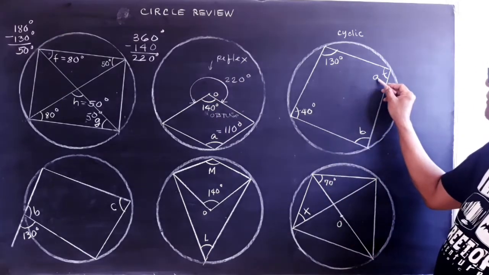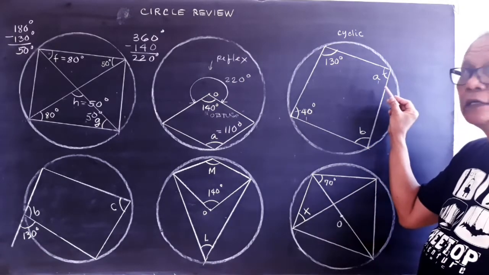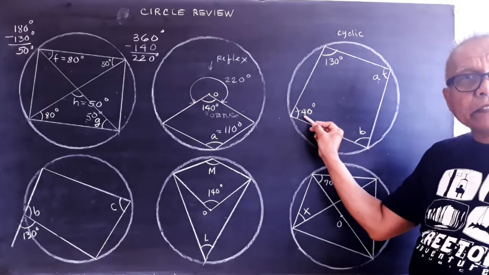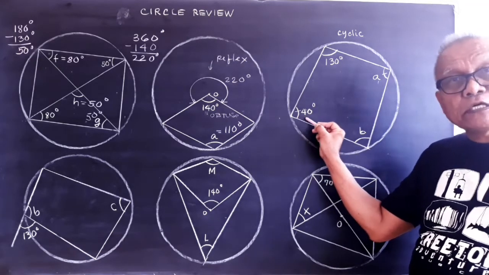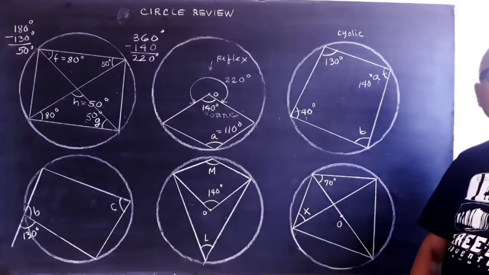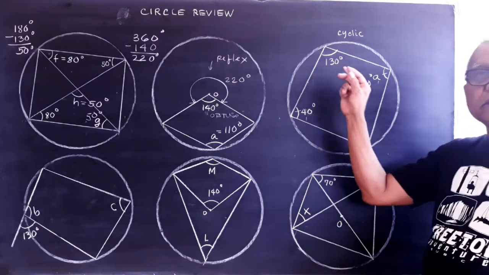So if the sum of this and this is 180 degrees, what will you do to find A? You subtract this one from 180 degrees. So 180 degrees minus 40 degrees. So this one is 140 degrees. What about the B and the 130?